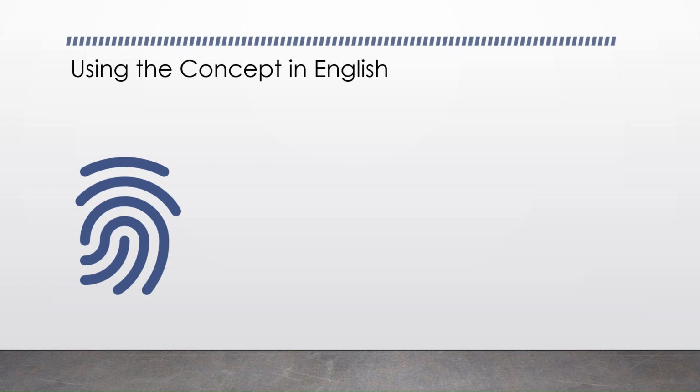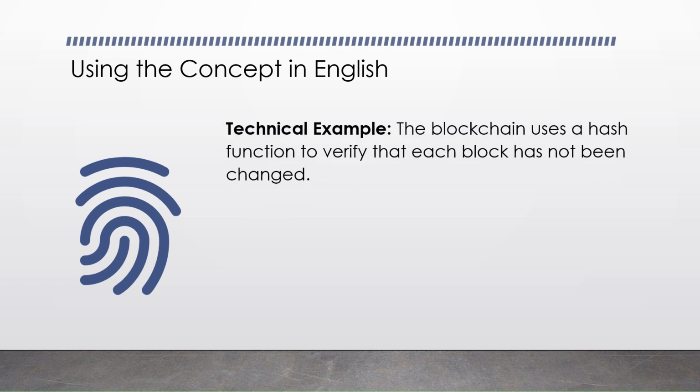Okay, let's look at the term hash function, right? The concept in English. The term hash function appears in technical, business, and educational discussions about security and blockchain systems. Here are examples of how it's used in English. A technical example here: the blockchain uses a hash function to verify that each block has not been changed.